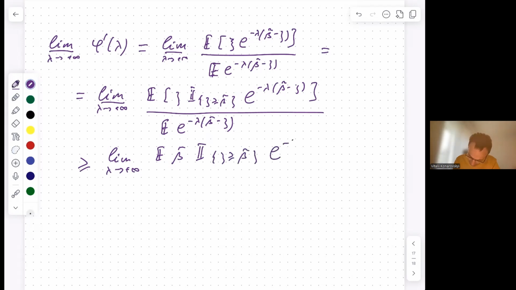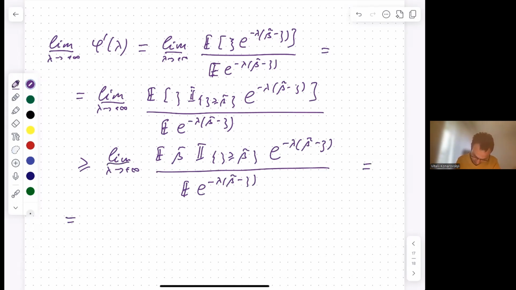Beta tilde e^(-λ(β̃ - ξ)) divided by the expectation of e^(-λ(β - ξ)). And you have that it is equal to, here I want to put that beta tilde outside.